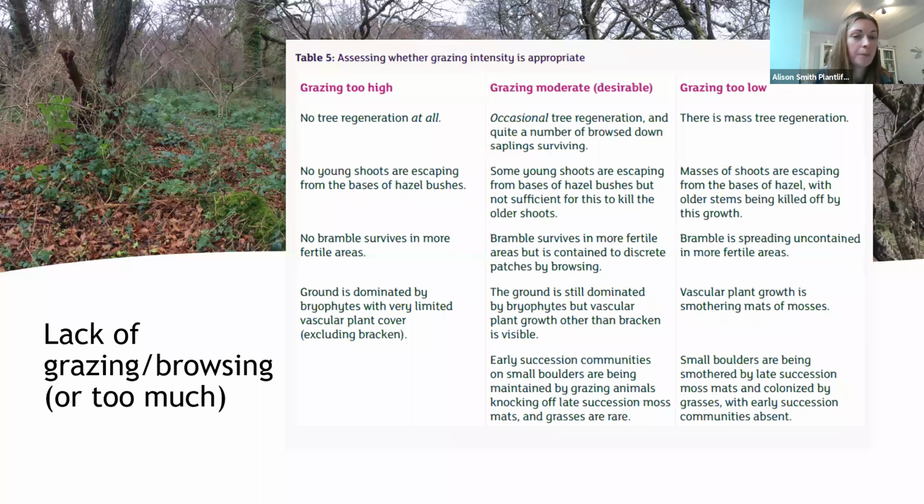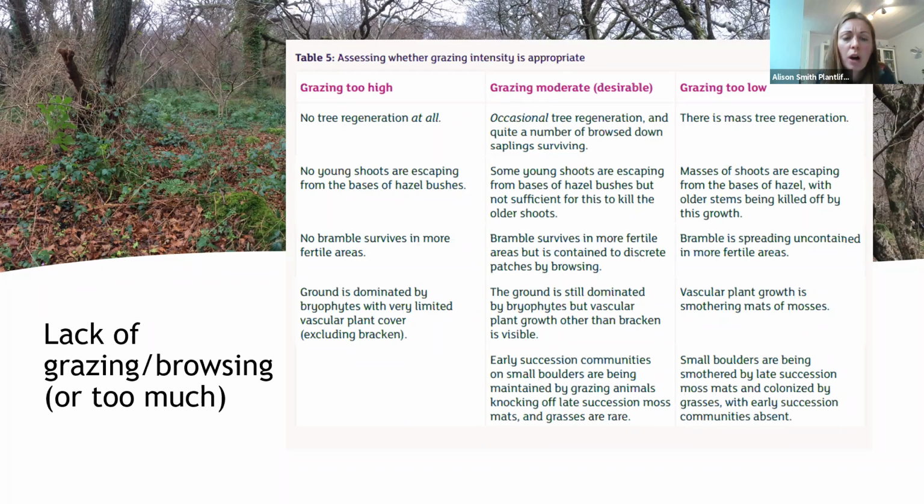Often we expect a bit too much in terms of tree regeneration. So a lack of oak regeneration is talked about quite a lot, but oak's a very long-lived tree, so we might not expect to see dozens and dozens of oak seedlings coming through all at once. So as long as there is some degree of regeneration, then that's fine.